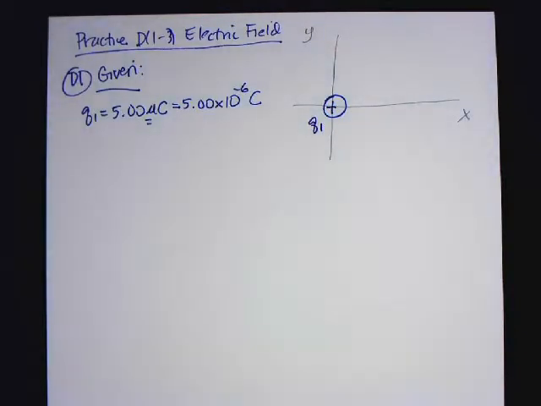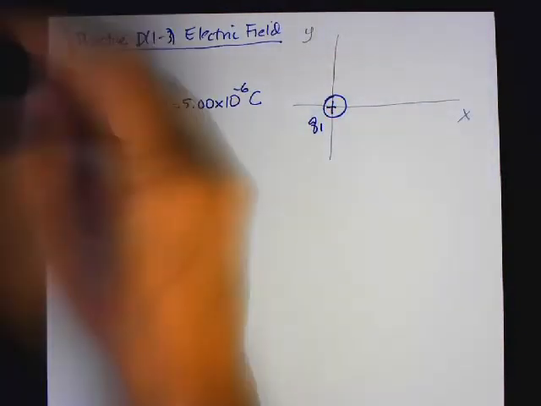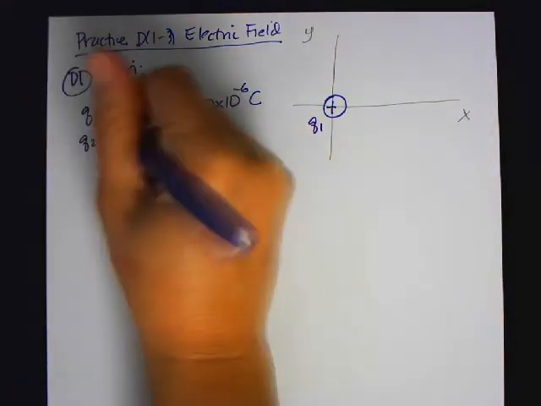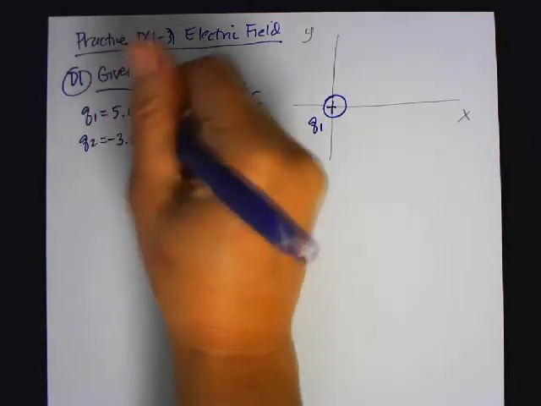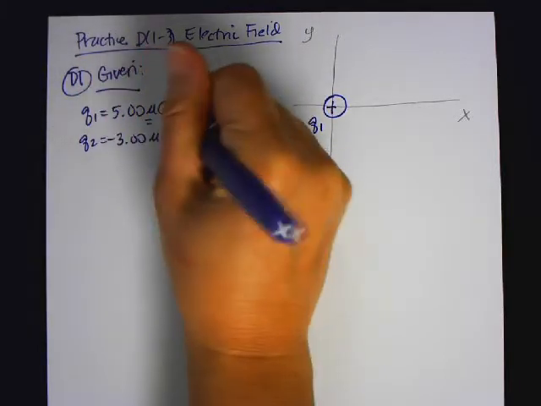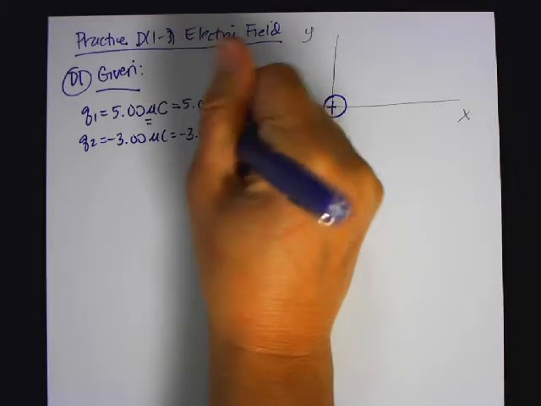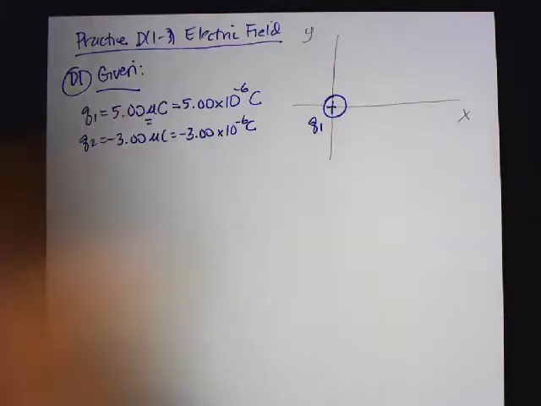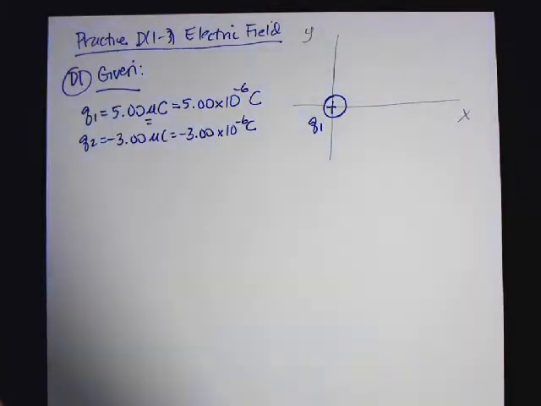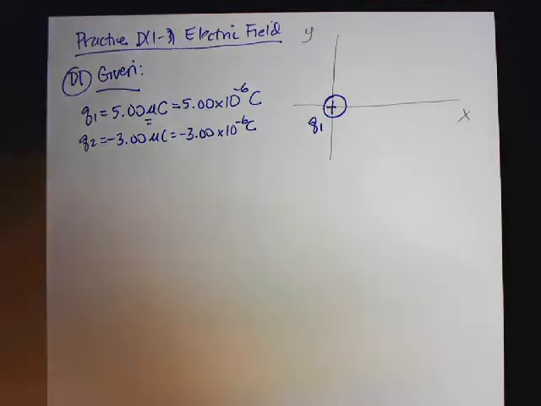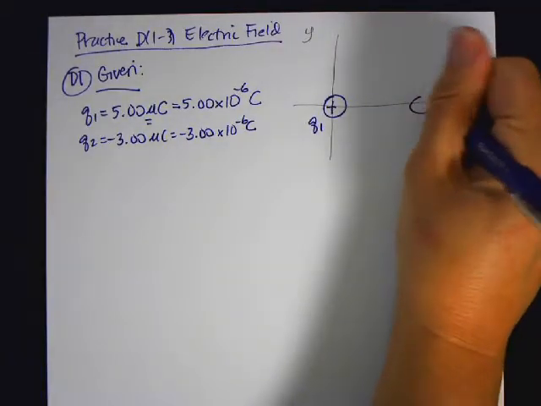It says the second charge, Q2, so I'm going to write in my given, Q2 is negative 3 microcoulombs, which is negative 3 times 10 to the negative 6 coulombs, on the x-axis, 0.8 meters from the origin. So I'm going to draw Q2 here. This is negative.